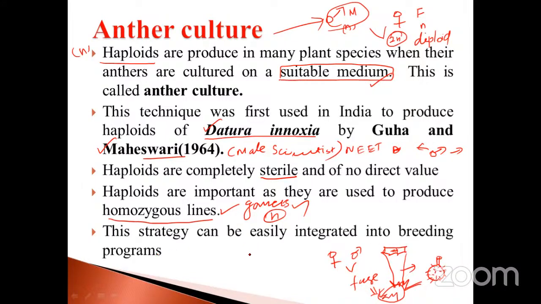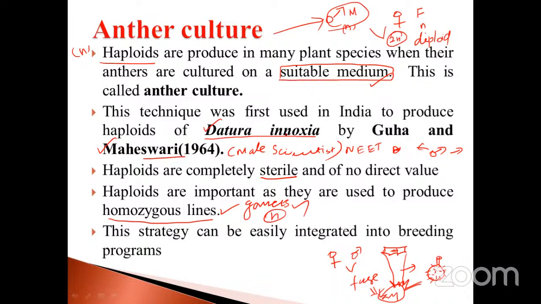Breeding programs. So this is the first step. You should note it down here. There are three things that are very, very important, my dear students. First, anther culture, particularly, is of haploid nature. Second, they need a suitable medium. Which plant did they take? Datura innoxia. Who is the scientist?